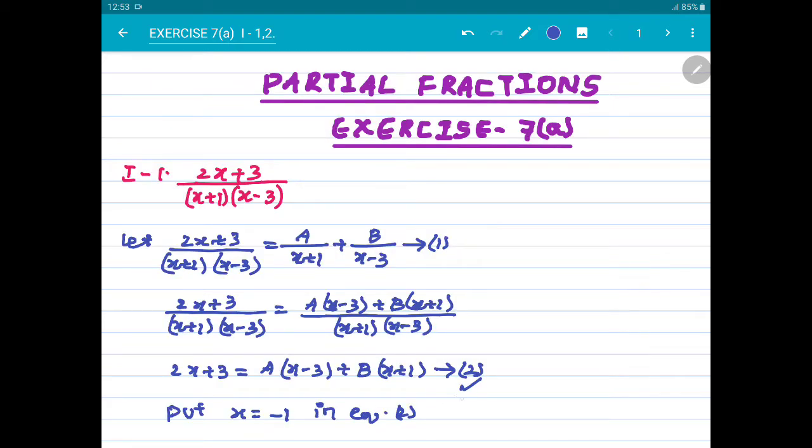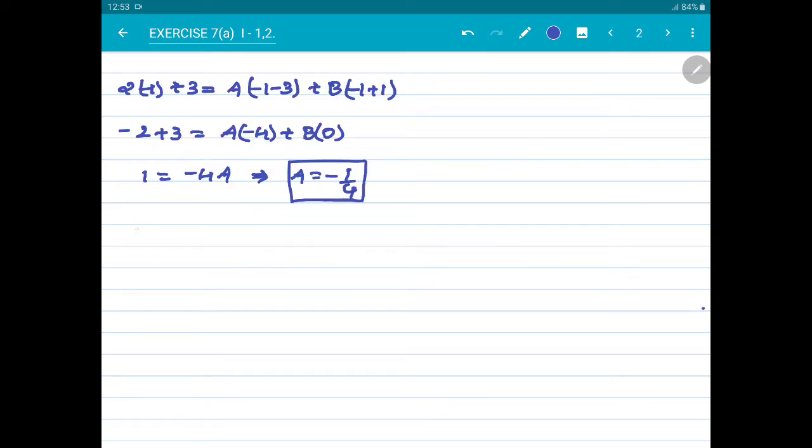Now in equation 2, to get the value of b, put x = 3.